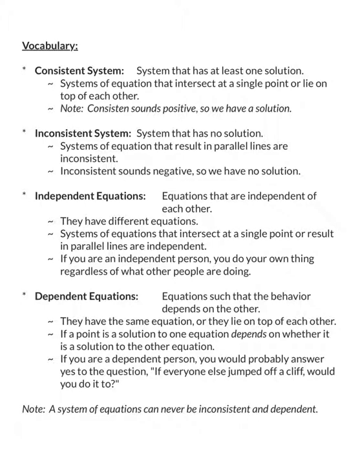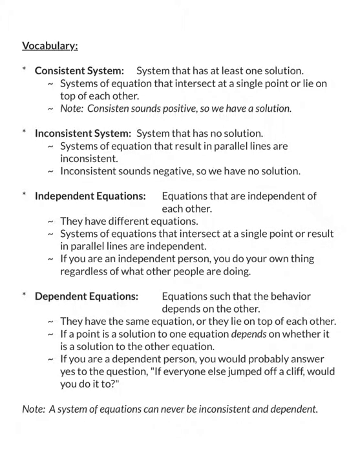Systems of equations that intersect at a single point or result in parallel lines are independent. If you are an independent person, you do your own thing regardless of what other people are doing. In terms of our parallel lines, one of them may be below the x-axis, and the other one may be above the x-axis. They are in different locations at the same time.